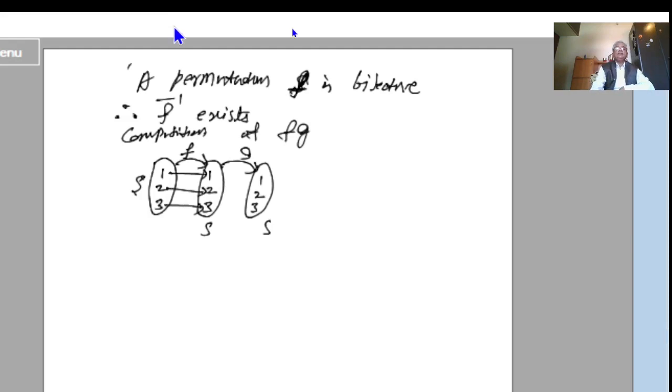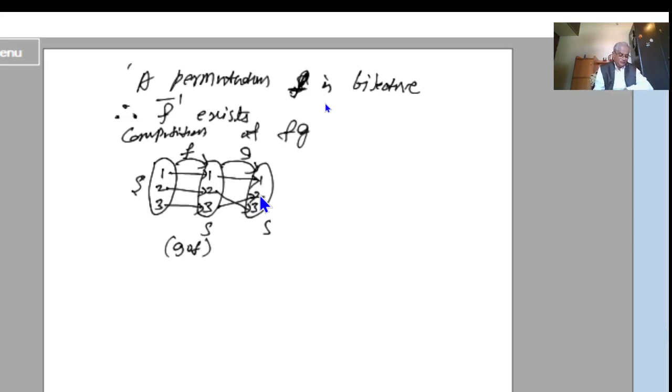And this is my G. In G, again 1 goes to 1, 2 goes to 3, and 3 goes to 2. We denote the composition of F and G as G composition F.